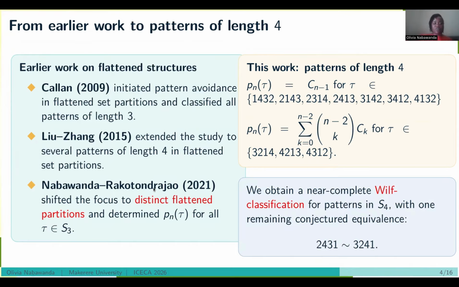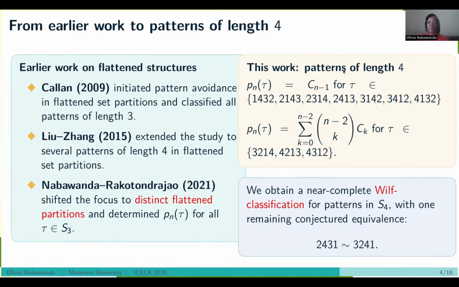Nabawanda and Dr. Rajao in 2021 shifted the focus to distinct flattened partitions and determined pn(tau) for all patterns tau in S3, these being patterns of length 3 on distinct flattened partitions.